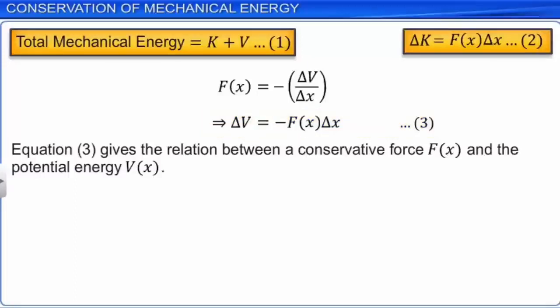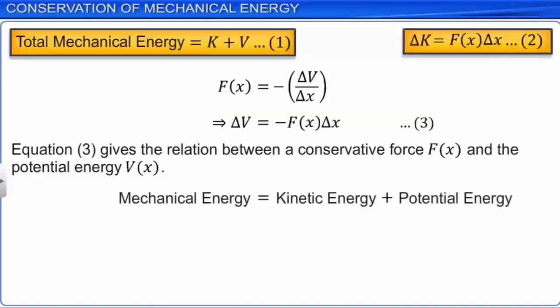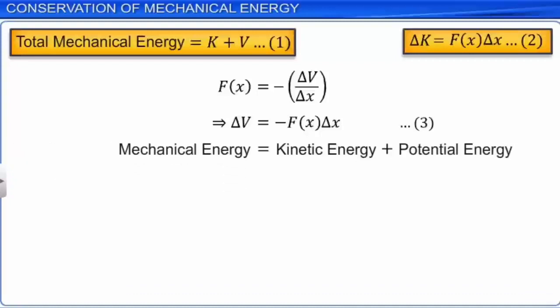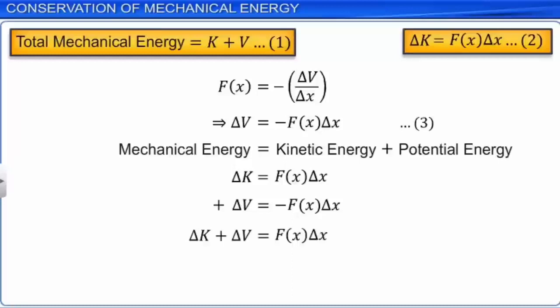We know that mechanical energy is the sum of kinetic energy and potential energy of a system. So, by adding equation 2, delta K = F(x) delta x, and equation 3, delta V = -F(x) delta x, we get delta K + delta V = F(x) delta x - F(x) delta x.